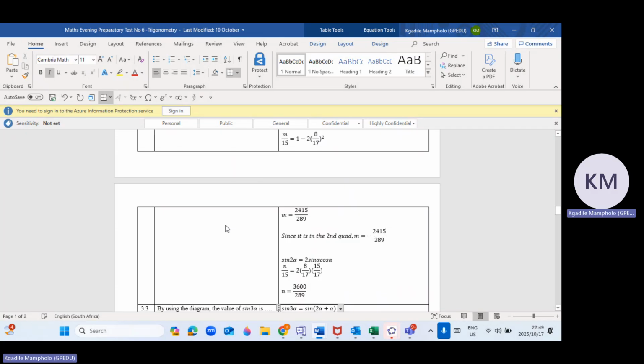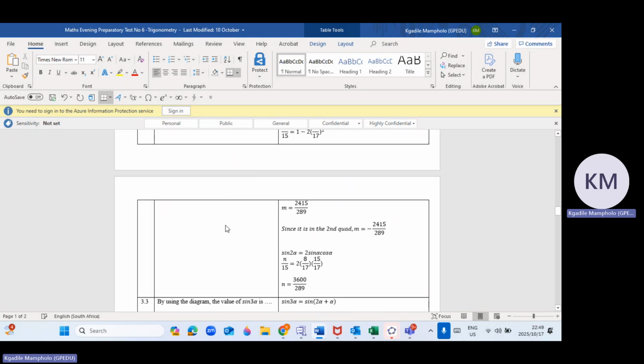But the double angle of sine, you are going to use it when you calculate n, because sine is y over r. Then y of the arm with angle 2 alpha is n over 15. Then you substitute. We use the double angles because we have 2 arms, one with 2 alpha, the other with alpha.